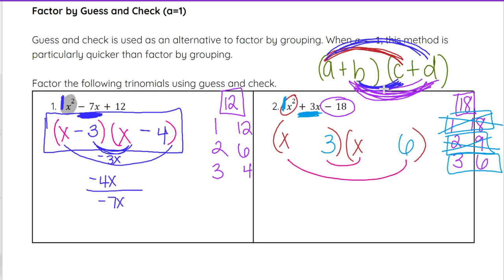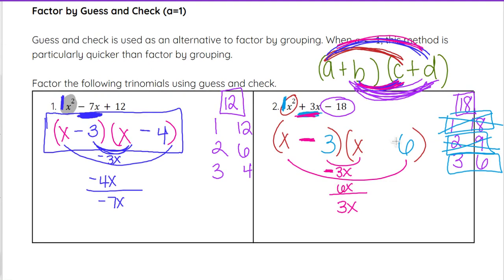Now we're going to check the inner and the outer product. So remember, the inner product and the outer product combine together to give you that middle term 3x when we distribute. So inner product is 3x, outer product is 6x, and we need those to become positive 3x. To do that, we would need a negative 3. 6 minus 3 gives us positive 3. So then to get a negative 3 as the inner product, that would be a negative here.